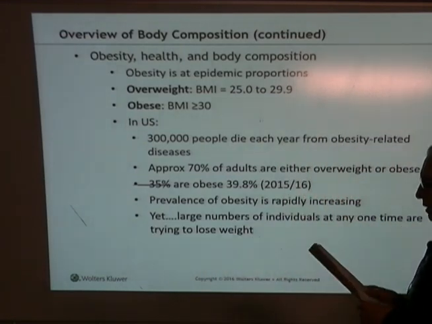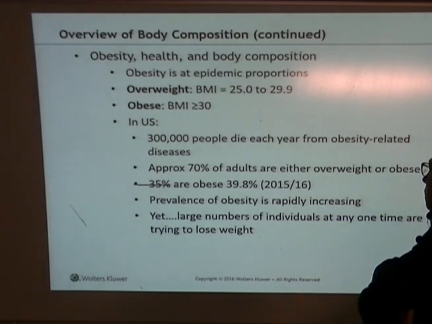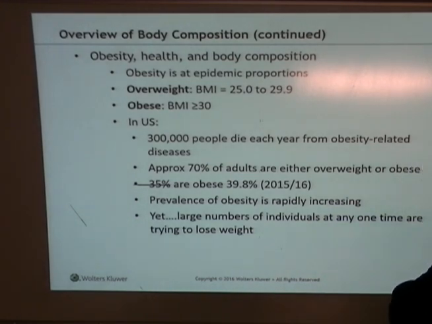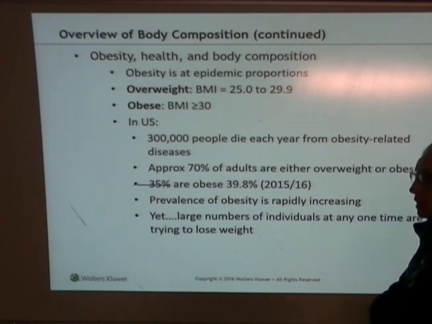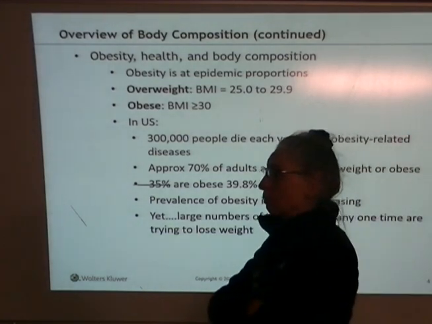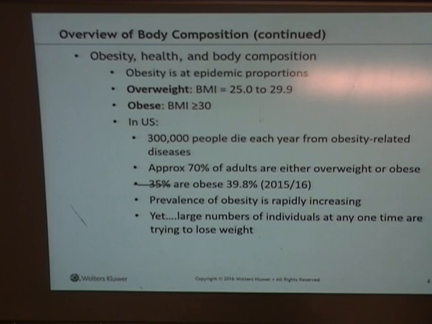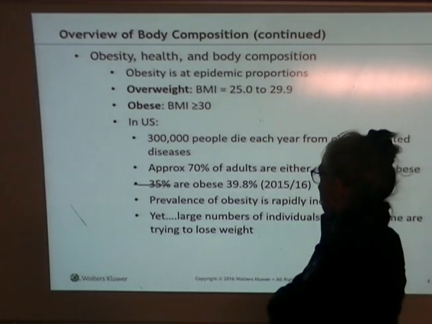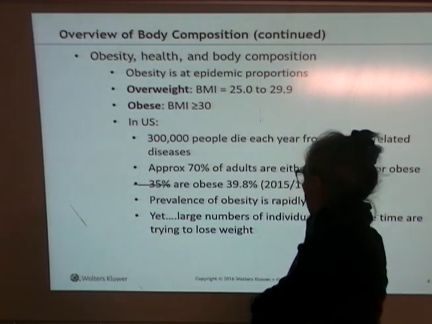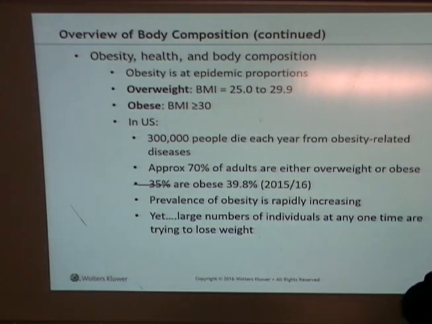In the US, over 250,000 people die from disease that is related to being obese. About 70% of adults are overweight or obese, and we're coming up on 40% of adults being obese.